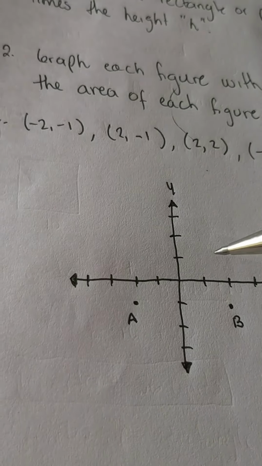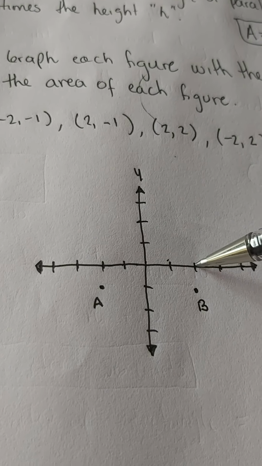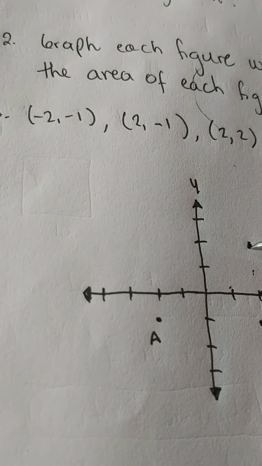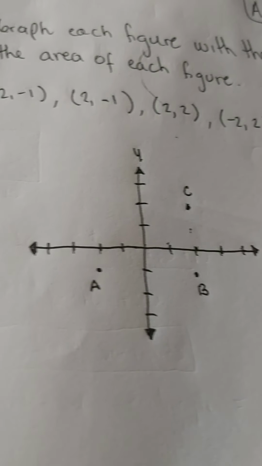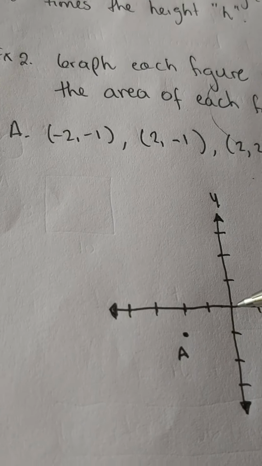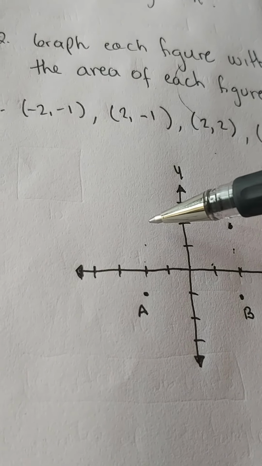Third point, 2, 2. X is 2, y is 2. This will be our third point, and we're going to call this point C. And finally, -2, 2. X is -2, y is 2.